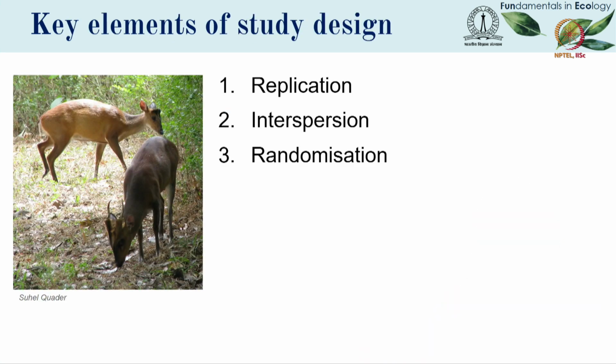So, to summarize this second part of the study design component, we have now gone through replication, interspersion, and now a third key element of study design, which is randomization.